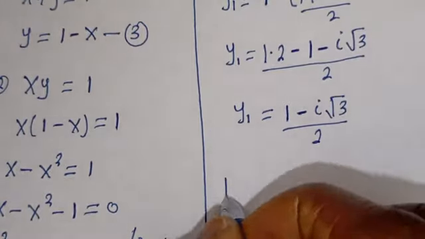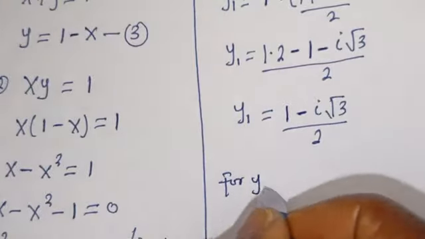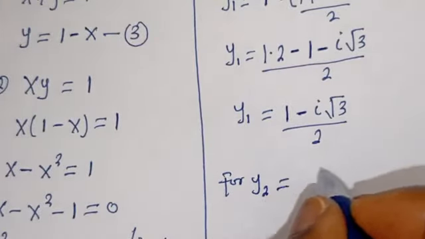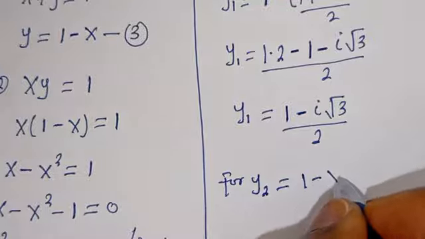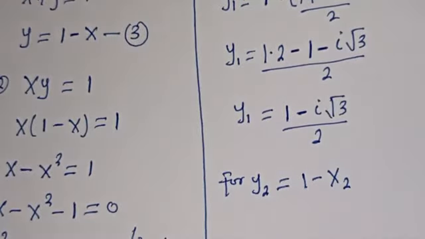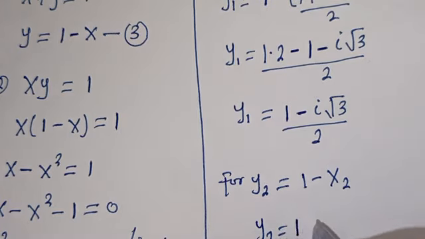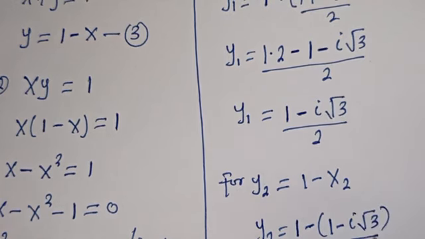Also for y2, this is equal to 1 minus x2. Then y2 is equal to 1 minus bracket x2, which is 1 minus i square root of 3 divided by 2.